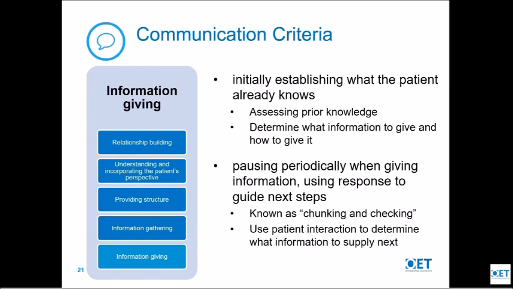Okay, and then the next criterion is giving information to the patient. So basically we establish what the patient already is concerned with, if they have any ideas, and then when we are going to give them information, it makes sense that you actually ask them, what do you think it is, or what do you know about this problem, and basically to assess their prior knowledge, and then determine what information to give them and how to give it.